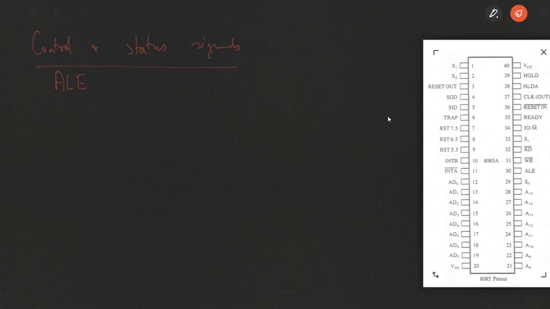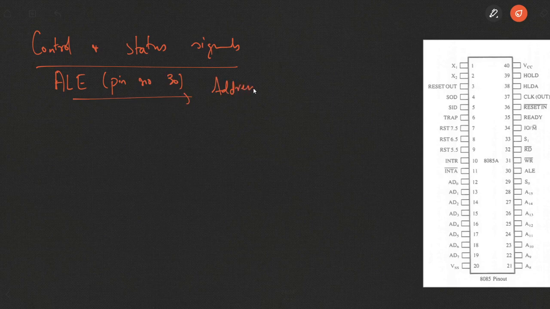Address latch enable here is pin number 30. Fine.